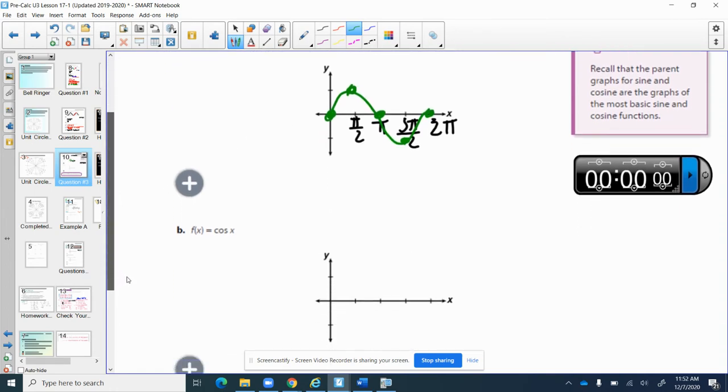For cosine, it's nearly identical when you think about the axes. It takes one full revolution, which would be 2 pi. This time, though, with a cosine graph, we start at 1 and then go down and back to the beginning. Again, they just look like translations of each other. And we go up to positive 1 and down to negative 1 when we think about these parent functions, okay?